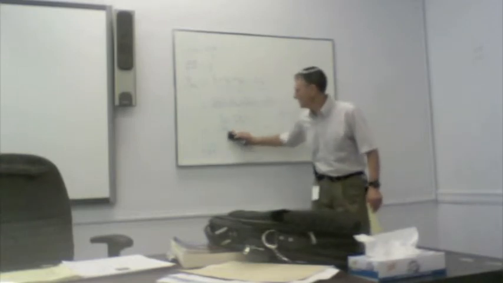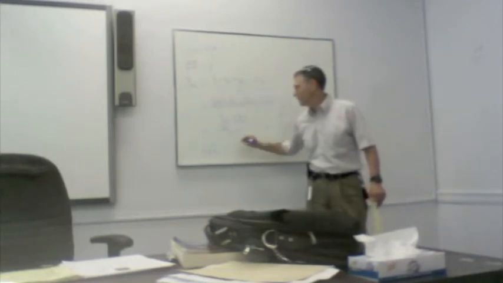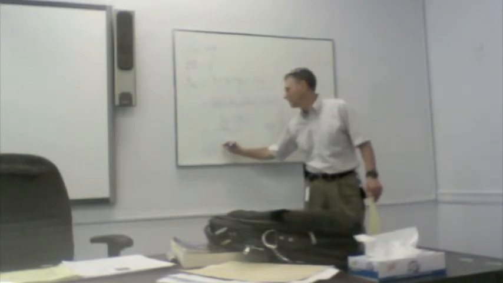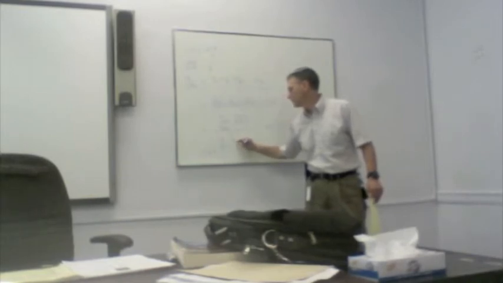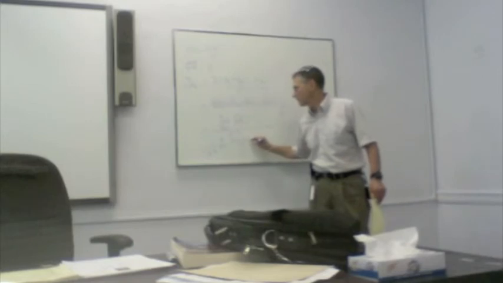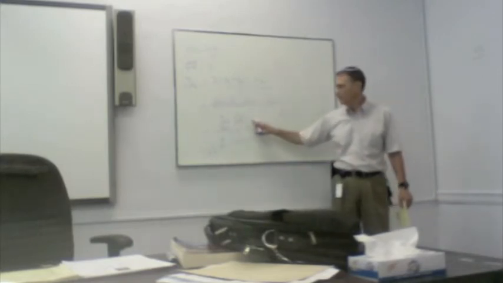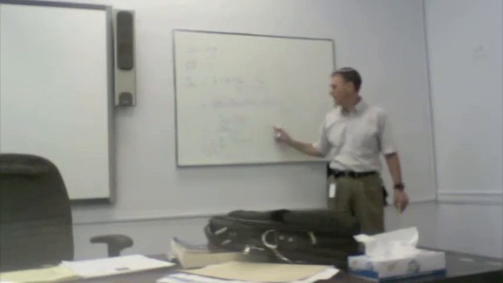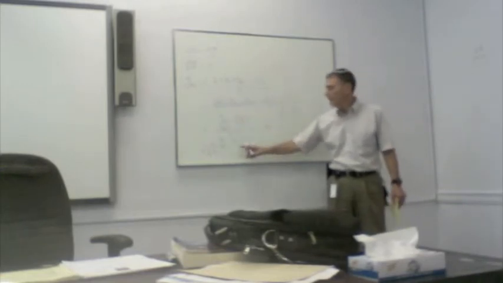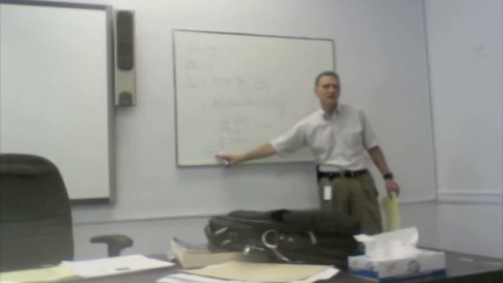Still, the sigma is in the numerator, the delta x is still in the numerator, and the b minus a is still in the denominator, just written in a different form. Ready?